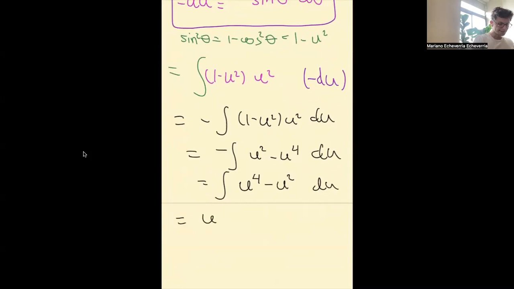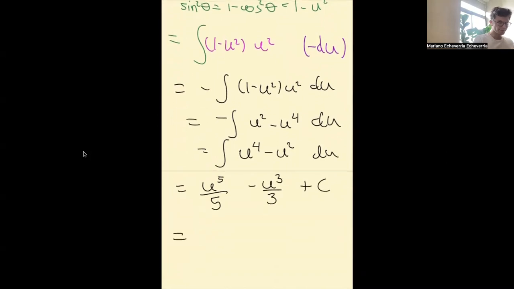And this is easy. This is u to the 5 over 5 minus u cubed over 3 plus c. But u was cosine of theta, right? So you get cosine to the 5 of theta over 5 minus cosine cubed of theta over 3 plus a constant.